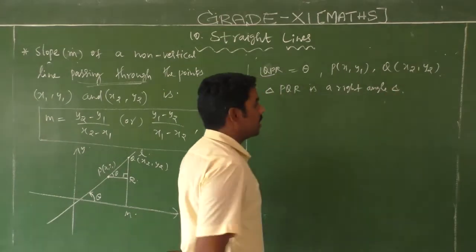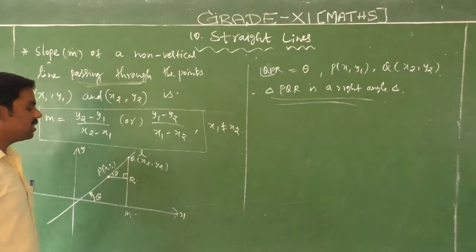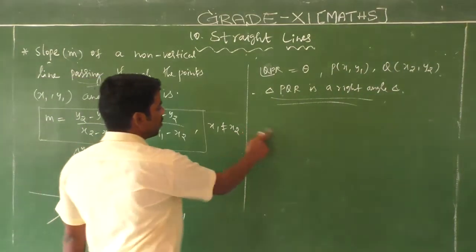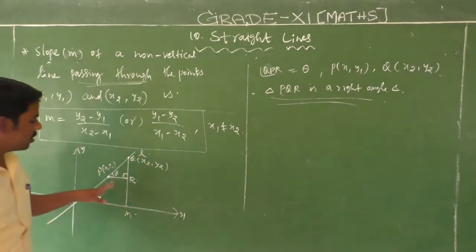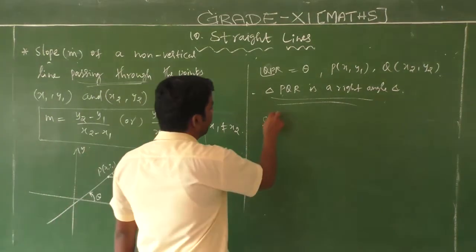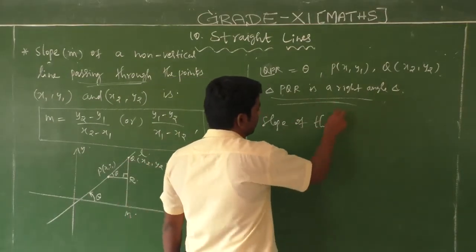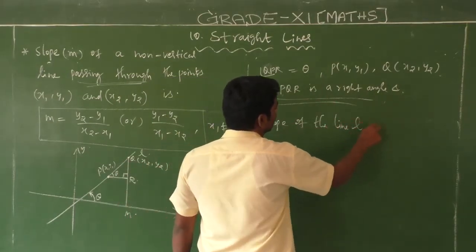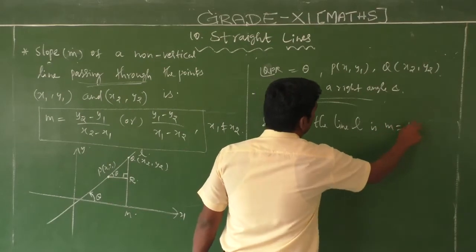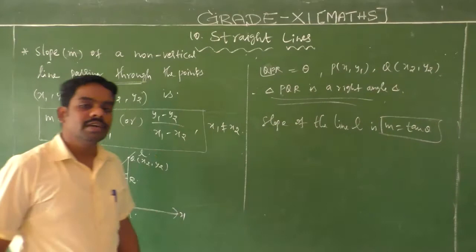This is a right angle triangle, so we can use the Pythagoras formula and the trigonometric ratios. The slope of the line L is m equal to tan theta. We know the general formula m equals tan theta.